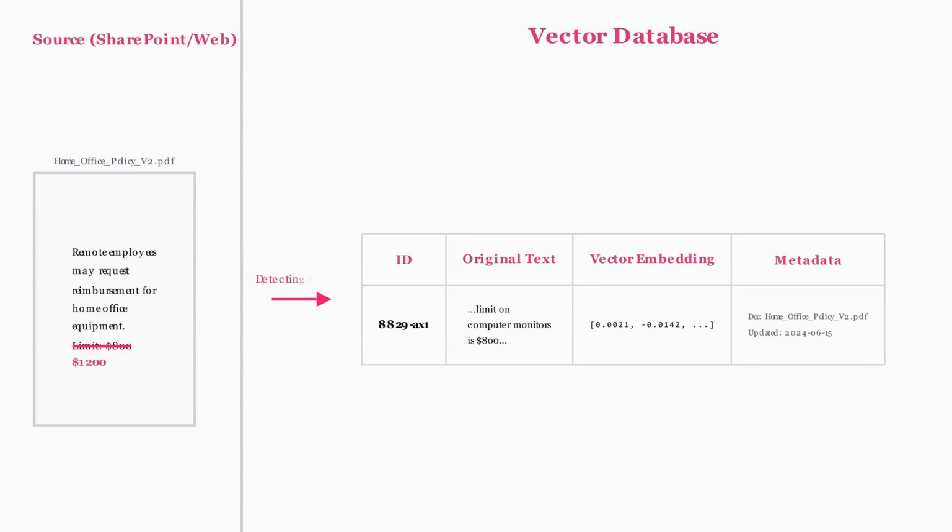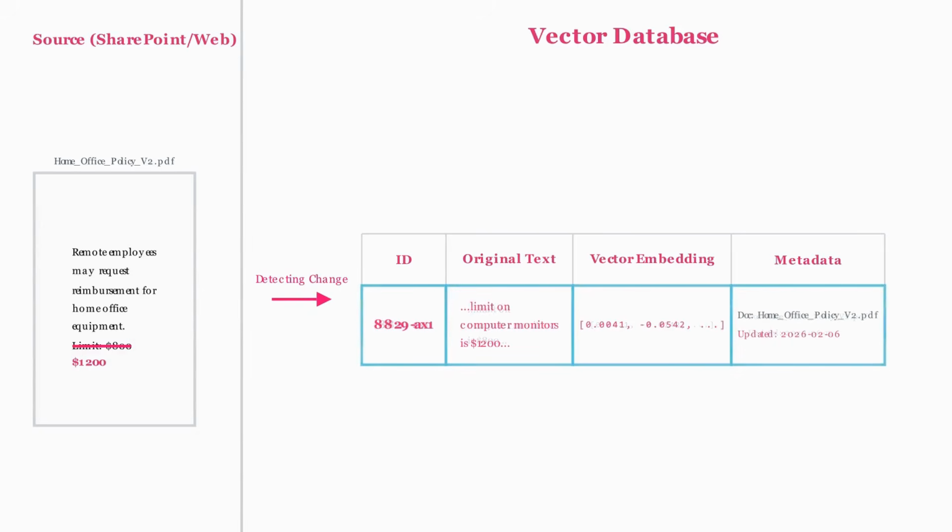So every time a document changes, we need to create or update corresponding records in the vector store. You also need a strategy for real-time versus batch ingestion to ensure the organizational memory stays fresh. Choice can depend on the business need and complexity of your solution.